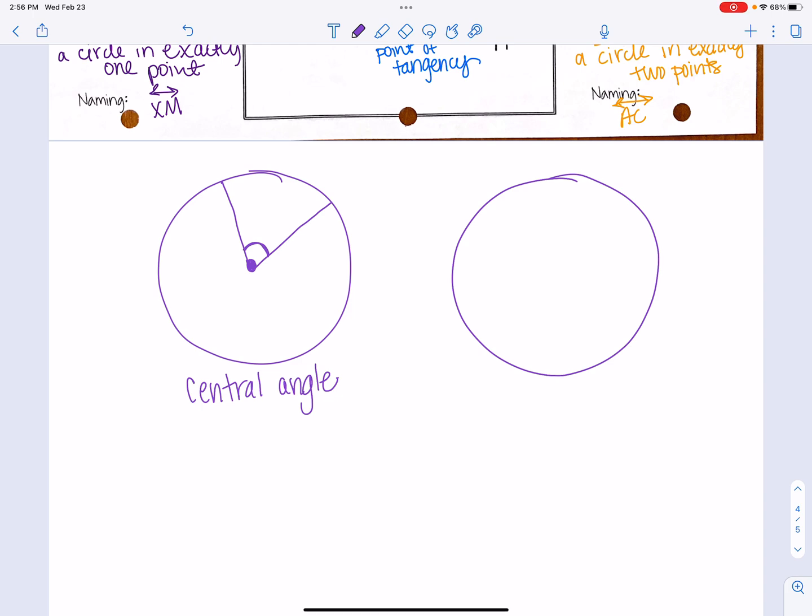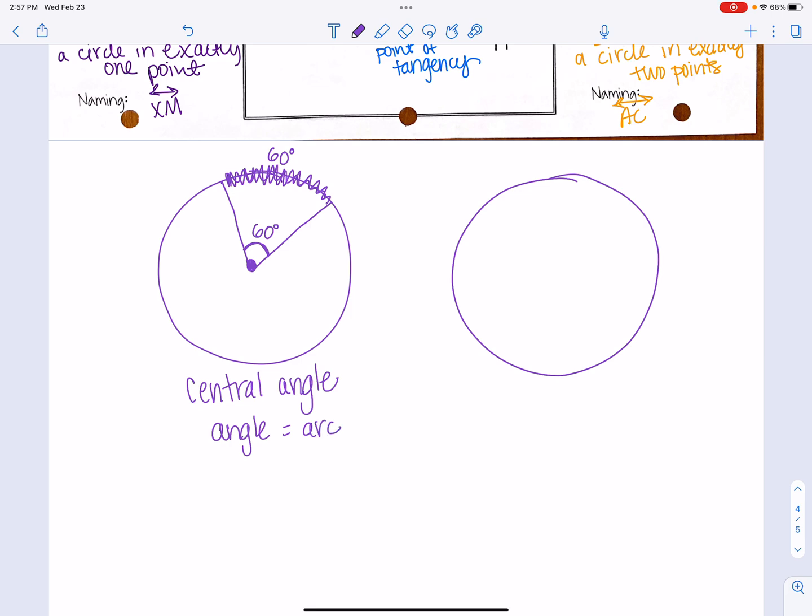And what you need to know is that angle and this arc are going to equal the same thing. So it's kind of like that Ferris wheel when we divided into 12 spots. Not only were those little angles 30 degrees, but every time we went to a different seat, that's 30 degrees. So if this angle in here is 60 degrees, this arc that's shaded right here would also be 60 degrees of the circle. And so make yourself a note that the angle and the arc are equal.